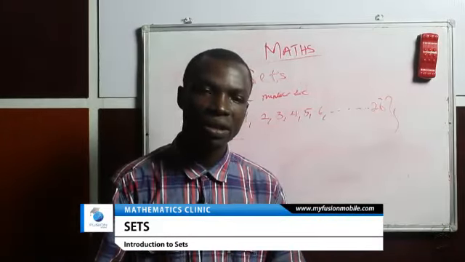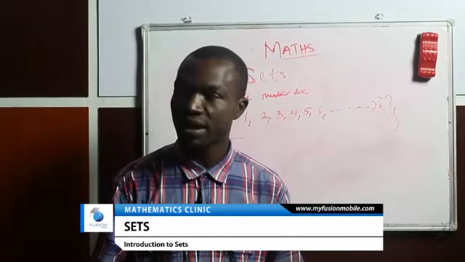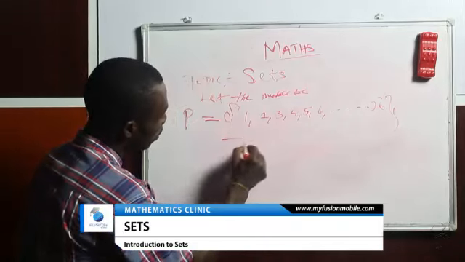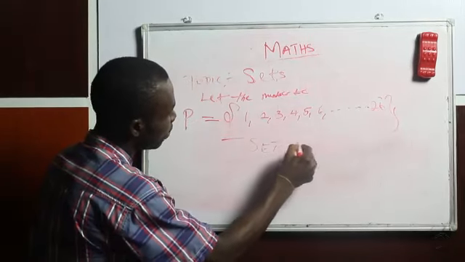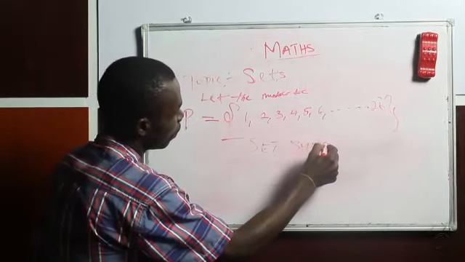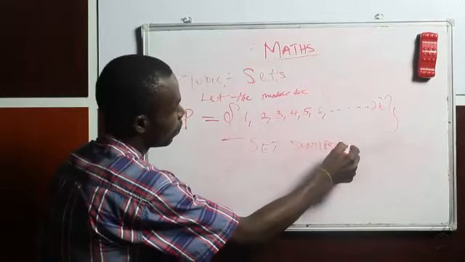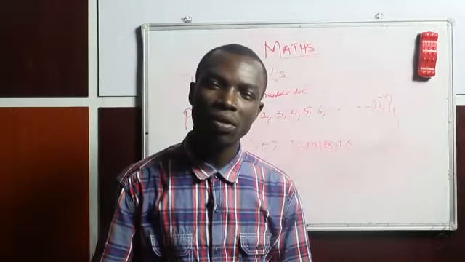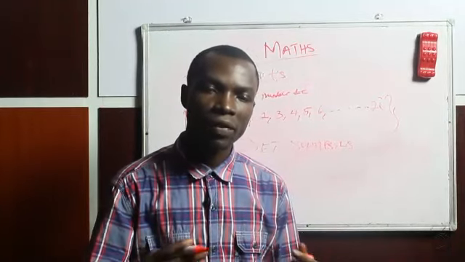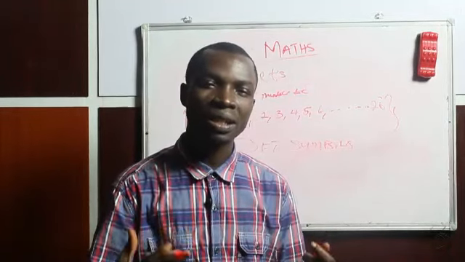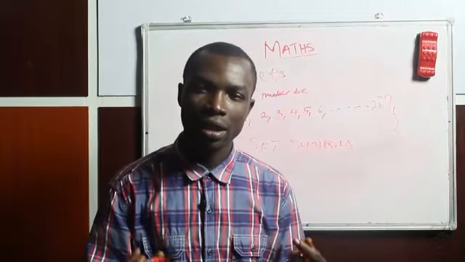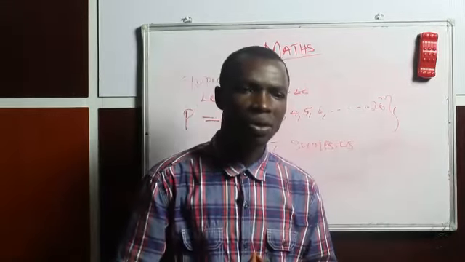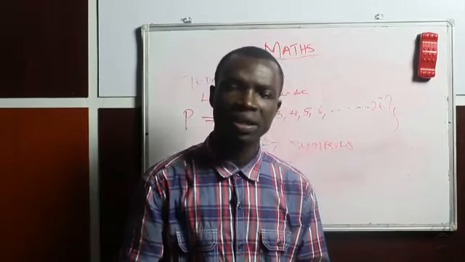Set symbols are very important. Set symbols give us a clue of which objects or things we are dealing with. These symbols or notations are very important.